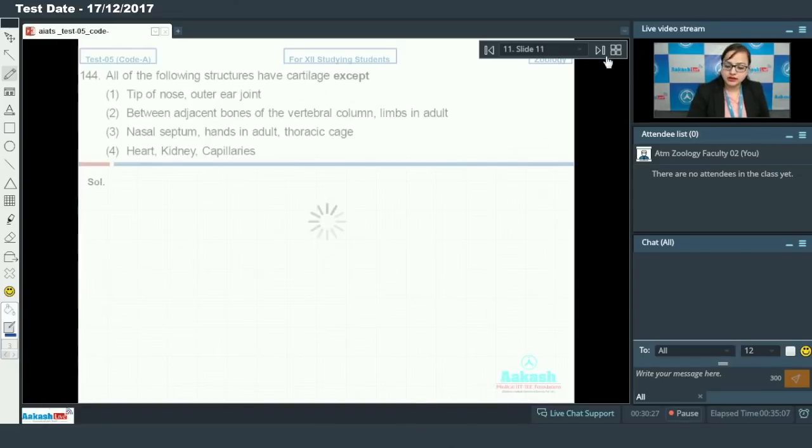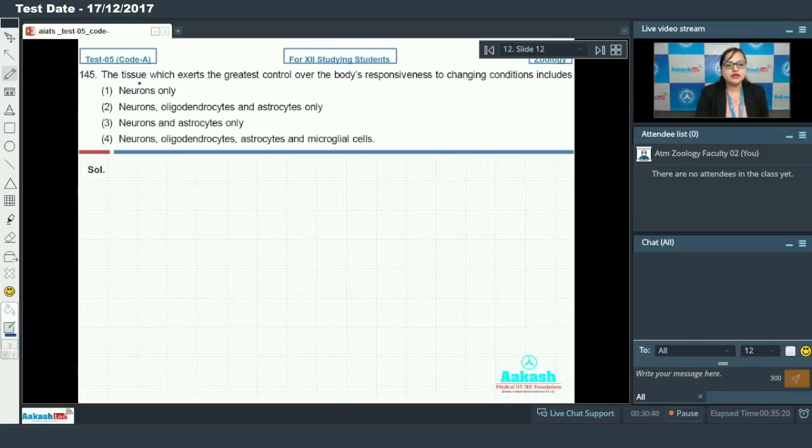So let's proceed to our next question. Question 145 says the tissue which exerts the greatest control over the body's responsiveness to changing condition includes. You know that the nervous tissue performs the function of control and coordination of our body, and it regulates our body's responsiveness to the changing condition.